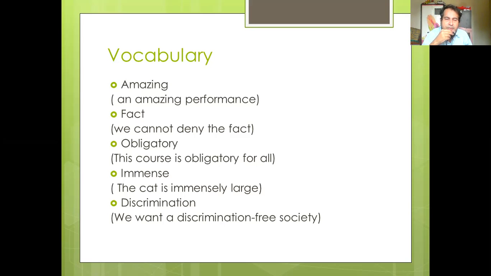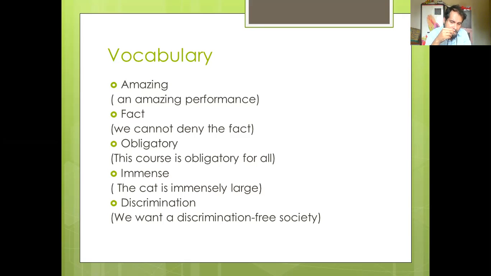For example, you are dividing something between two boys, and you are not dividing that equally between them, and you are giving priority to one over another. This is called discrimination. When you are making discrimination, that means you are biased and you are not making proper justice. So that is called discrimination.